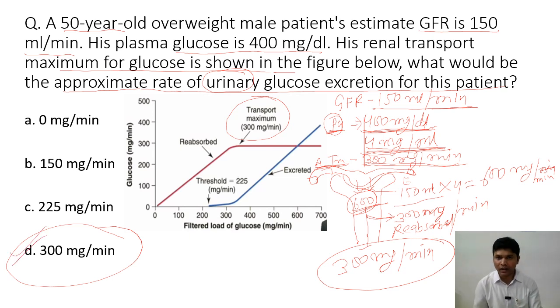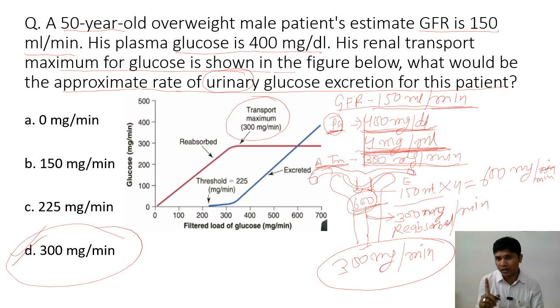Clear? Let's go again. GFR is 150 ml per minute, meaning filtration: 150 ml of plasma will be filtered in 1 minute. We know per ml of plasma we have 4 milligram of glucose, and filtration is 150 ml.